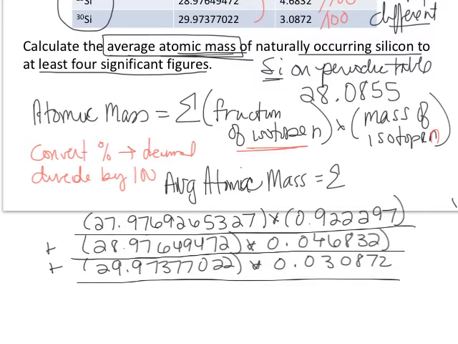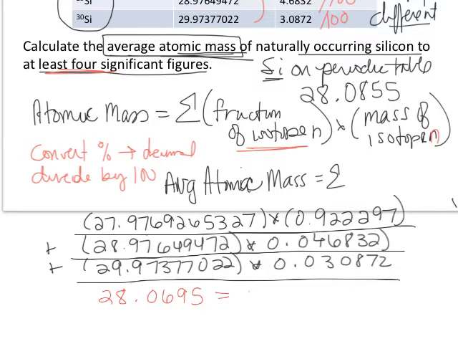And then I add all three of those numbers together, and you should get an average atomic mass of 28.0695. And since it says at least 4 significant figures, how many do we have there?